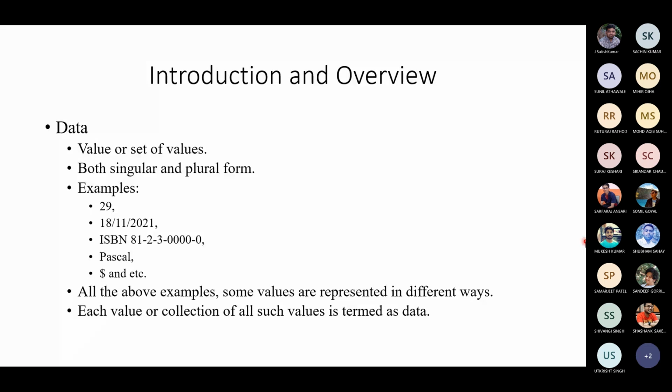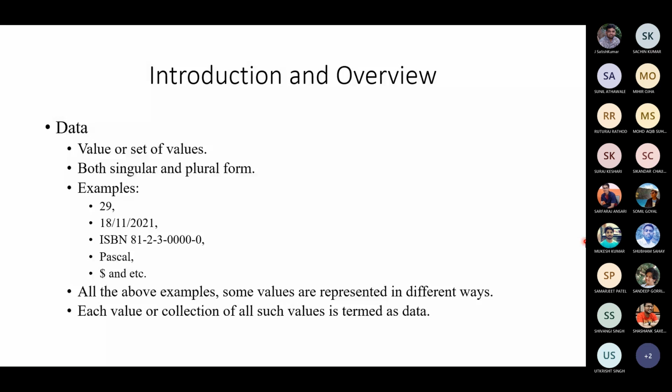For example, 29 is one data. 18/11/2021 is data. ISBN 8123 zeros followed by another zero is data. Pascal is data. Dollar is data. All the above examples are values represented in different ways. Each value or collection of all such values is termed data.